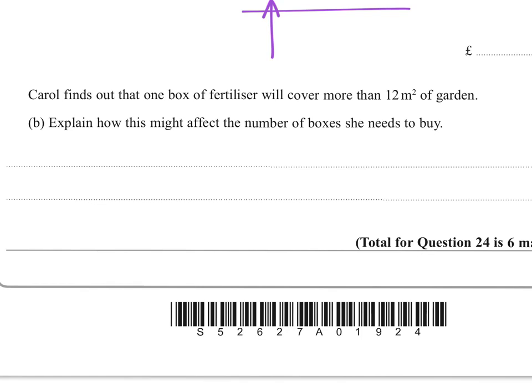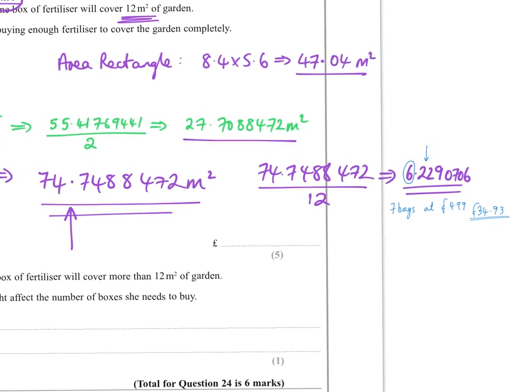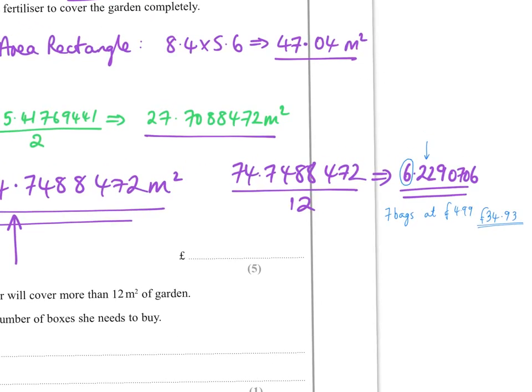Well, that's not necessarily true, because if you worked out that, for example, it covered 12.1 metre squares for each bag, then you'd be dividing this number here, the total area, by something bigger than 12. So let's say 12.1.